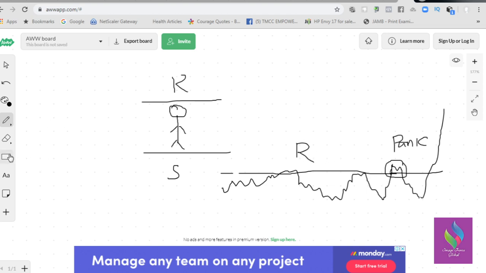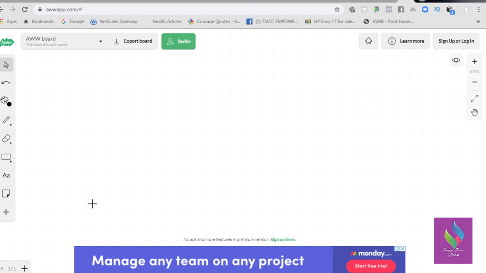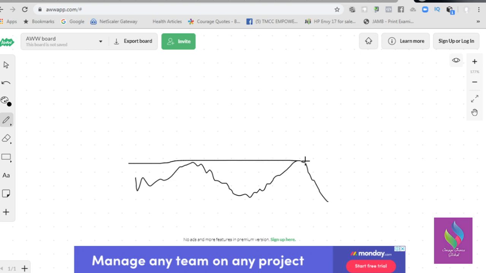Now let's go into the concept of the how. How do I draw my support and or my resistance line? Do I draw my support resistance right here, or do I draw my resistance right here?